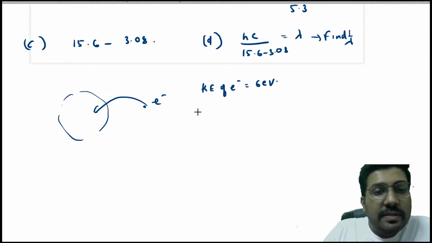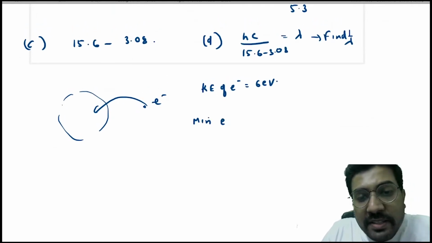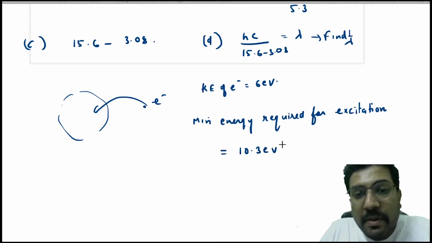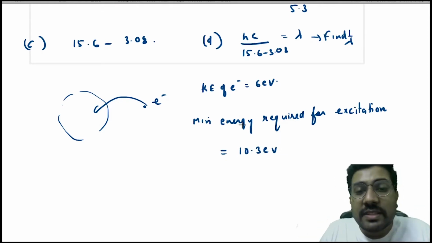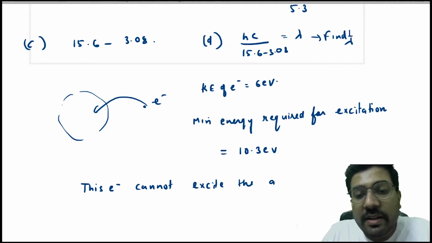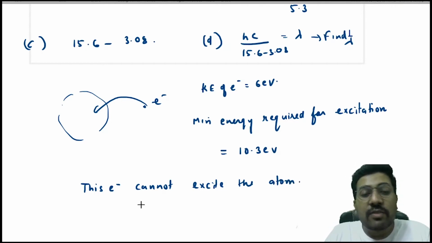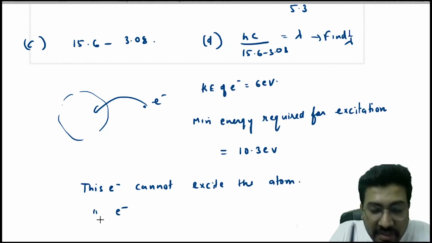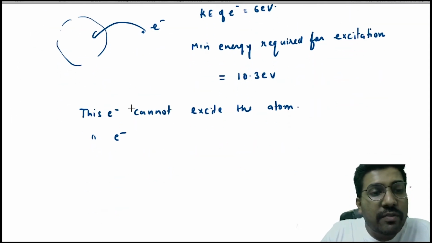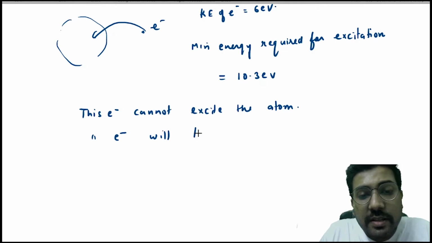But the kinetic energy of this electron is only 6 electron volt. That means this electron cannot excite the atom. Now if this electron cannot excite the atom, it will not lose energy, because energy will be lost only if there is a transition.